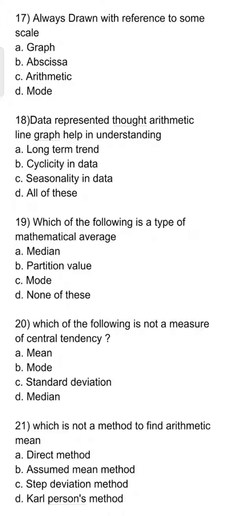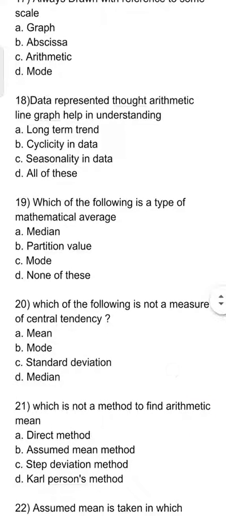अच्छा, next question, which of the following is not a measure of central tendency? A mean, B mode, C standard deviation, D median। तो इसका आंसर है C standard deviation। Next, which is not a method to find arithmetic mean?